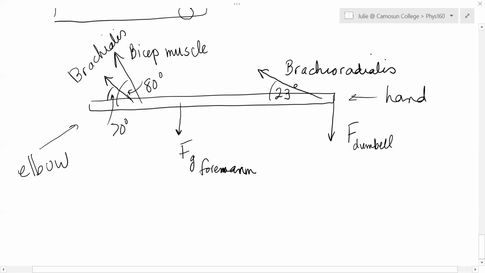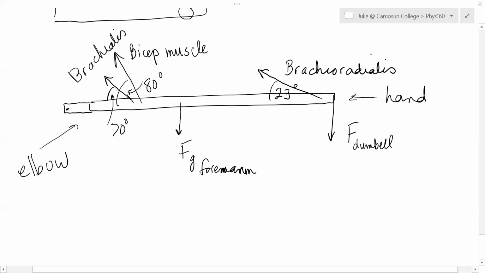Okay. Now, notice how this brachioradialis, bicep, brachialis, they're all sort of pulling your forearm into your elbow. So the joint has to react to that. Those are called stabilizing forces, actually, the horizontal component. I better move this over a little bit so I've got more room for your elbow. Okay, so here's your elbow joint, and your elbow will react with what are called joint reaction forces.